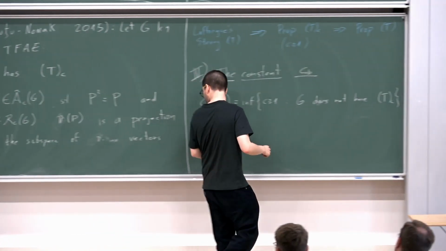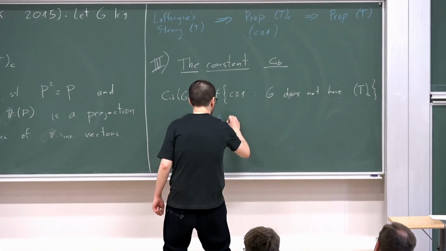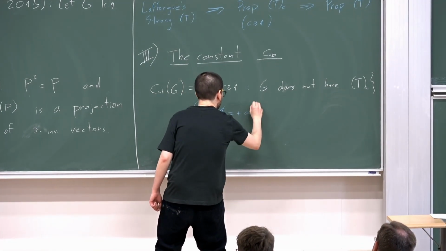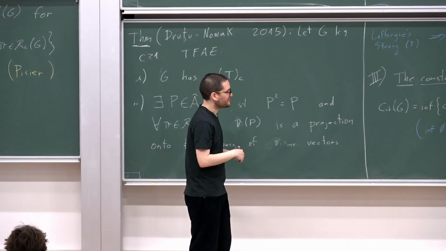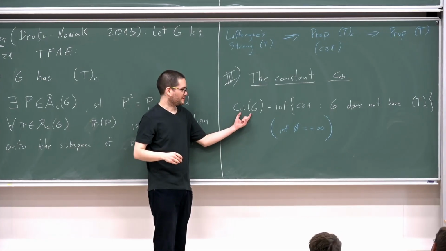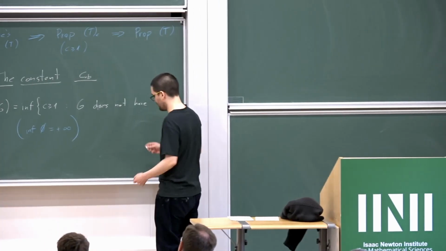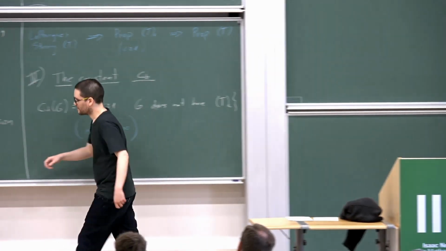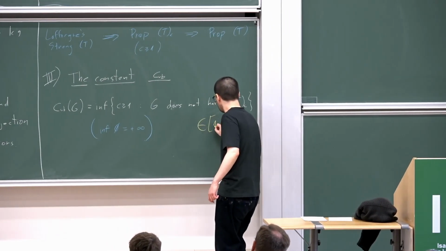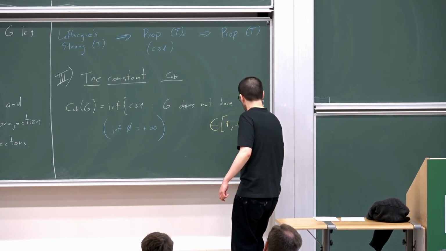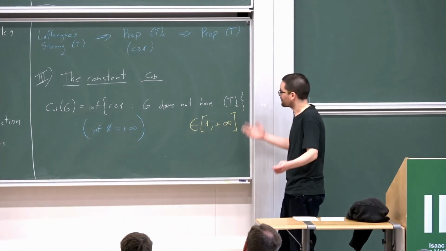I'm using the convention that the infimum of the empty set is plus infinity. So if the group has property TC for every C, then this number is plus infinity. And if it doesn't have property T, this number is 1. So this is something that belongs to [1, infinity] included. It quantifies how strong this property is.